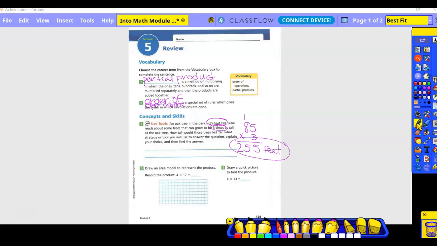Okay. Draw an area model to represent the product. So this is kind of like the box, right? Except they give us littler boxes to fill in our box. Okay. So how far do I need to go down? 4. So I'm going to go down 4. All right. Now what can I break this 12 into? 10 plus 2, right? So I could go over 10.